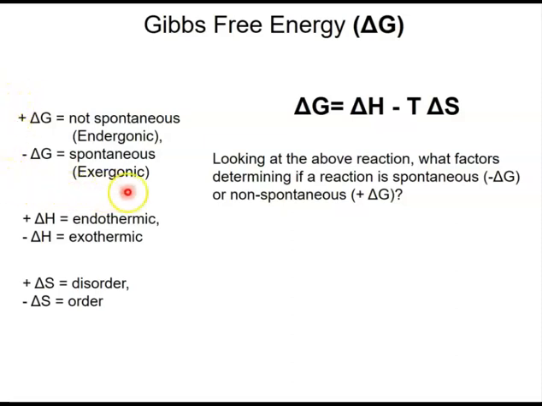If the delta G is negative, it is going to be a spontaneous reaction. If it's positive, it's most likely not going to be spontaneous, it's not going to move forward. So if these are positive values, something has to happen with the system to change it. We have to add energy, we have to do something.